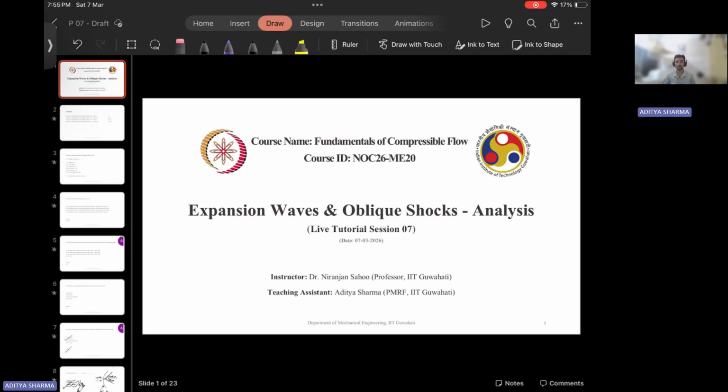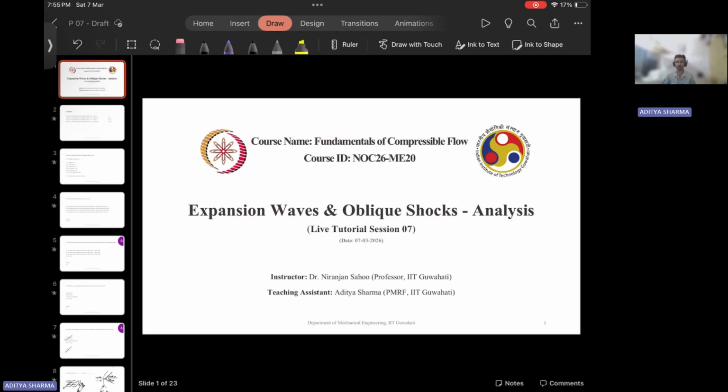Then we saw flow over wedges. So flow over a finite wedge, flow over an infinite wedge, flow over a blunt body, flow over a cone. So what is the relieving effect in terms of cone and how it affects the properties across the oblique shock?